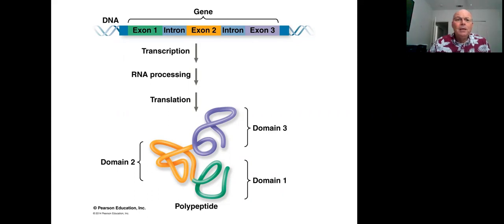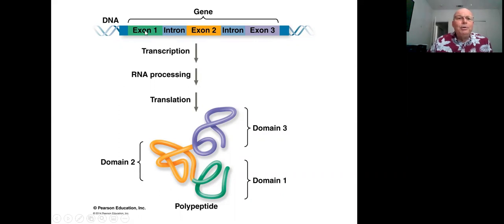And you can see that in the case of this particular polypeptide, these exons, exon 1, 2, and 3, when linked together, assemble the domains in the order 1, 2, and 3. But there's no rule that says that this necessarily has to take place. There's no rule that says exon 1 must be followed by exon 2, must be followed by exon 3 in sequence in the messenger RNA.